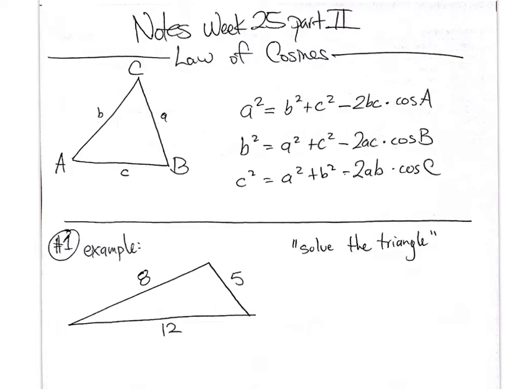So, suppose we said this is angle A, and angle B, and angle C. Therefore, this would be side a, and side b, and side c. Notice how I'm being careful about my capital letters at the angles, lowercase letters at the sides. It'll totally mess you up if you don't.